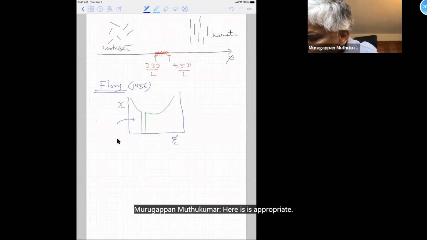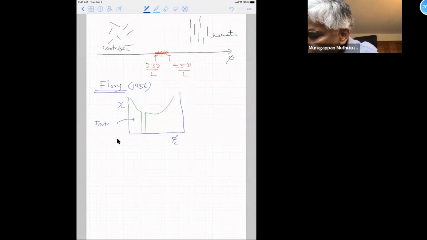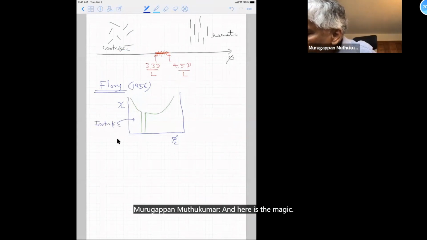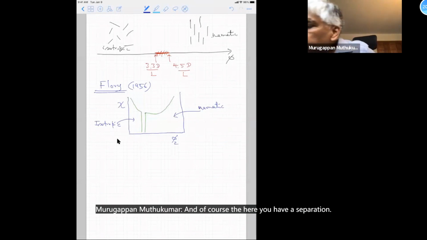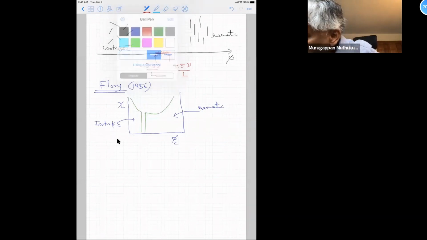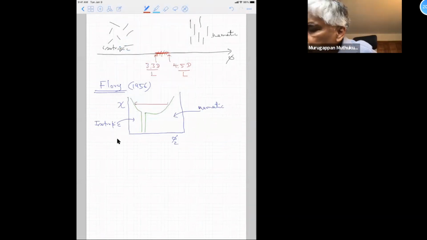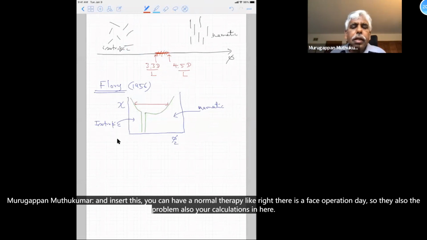Here it's isotropic. And here is nematic. And of course, here you have phase separation. And inside this, you can have a spinodal curve if you like, right? There is a phase separation there.